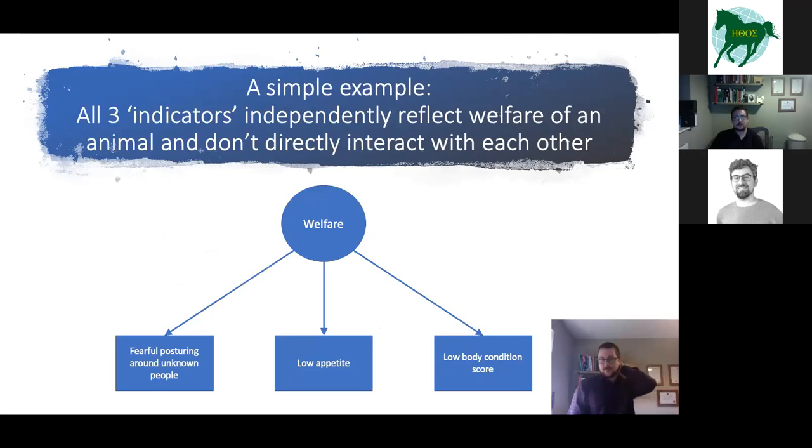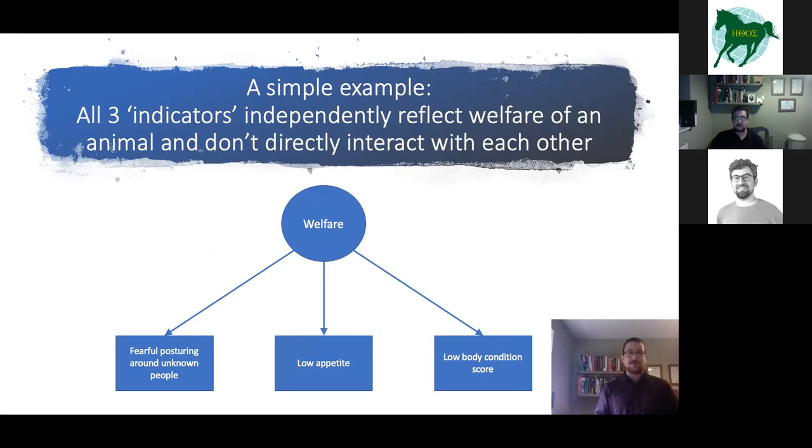It's probably easier to think about an example. Let's say we measure three classical, traditional welfare measures: fearful posturing, low appetite, and body condition score. I typically think in terms of dogs because that's what I know best, but you can think of whatever species you like.